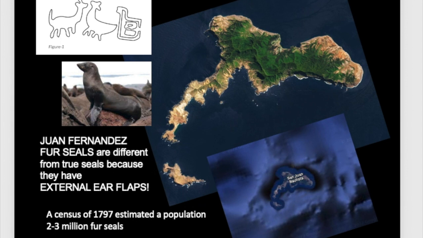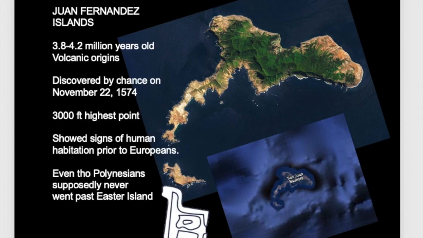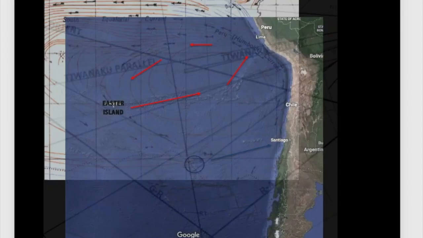I don't know. But this island is only a few million years old. Its highest point is 3,000 feet, and it did show signs of human habitation prior to Europeans, even though Polynesians supposedly never went past Easter Island. And here's the thing.